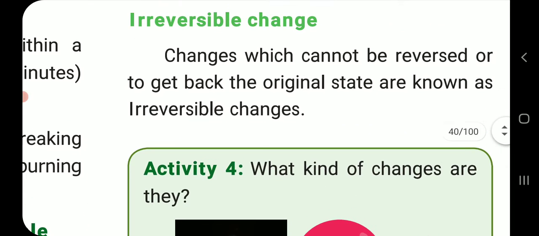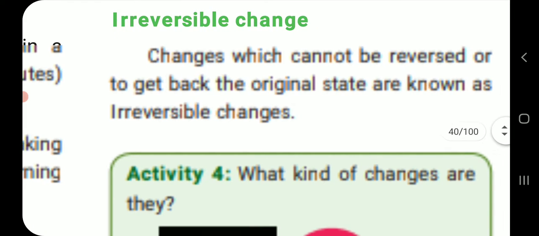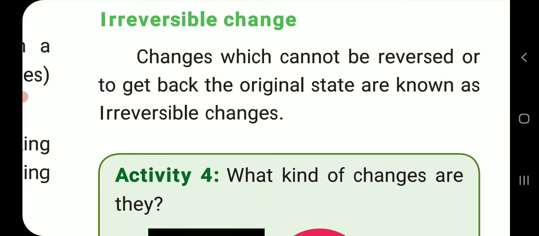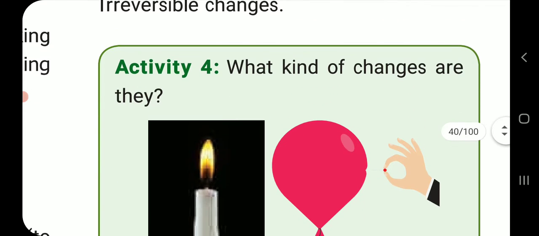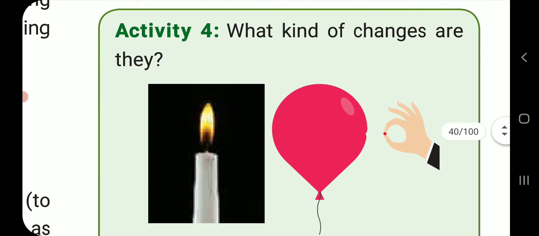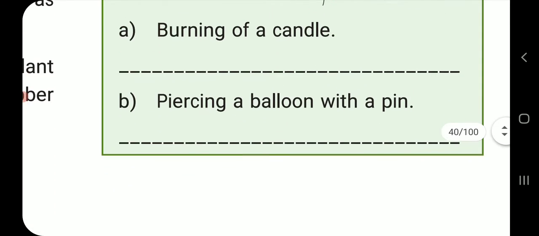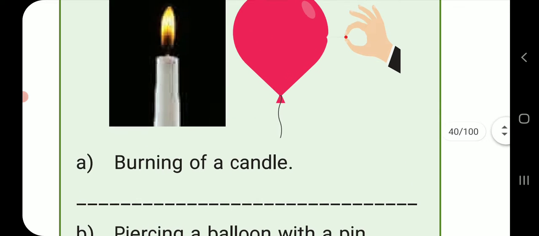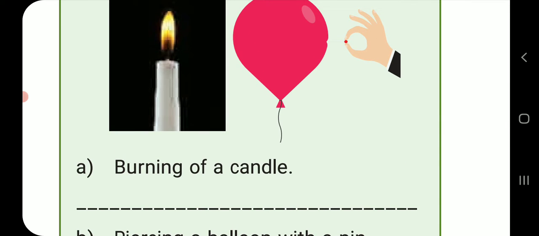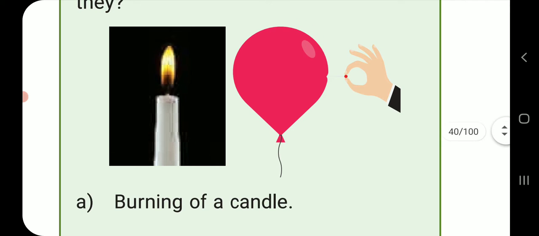What is an irreversible change? Changes which cannot be reversed to get back to the original state are known as irreversible. Example: burning of a candle, piercing a balloon with a pin. If you take a pin and pierce the balloon, what happens?